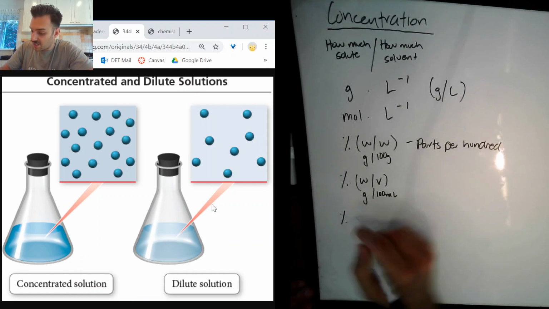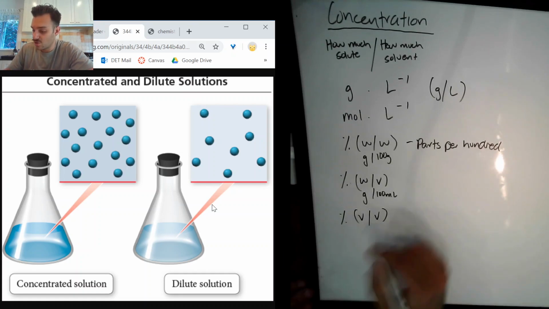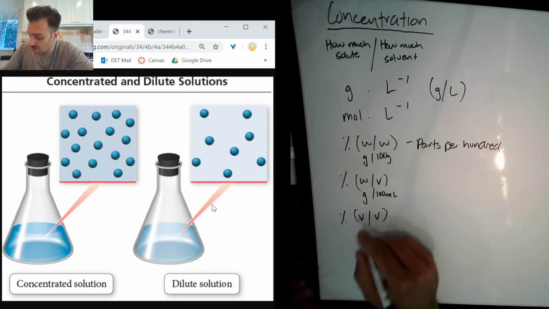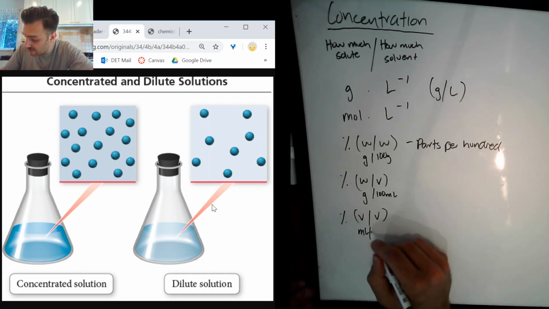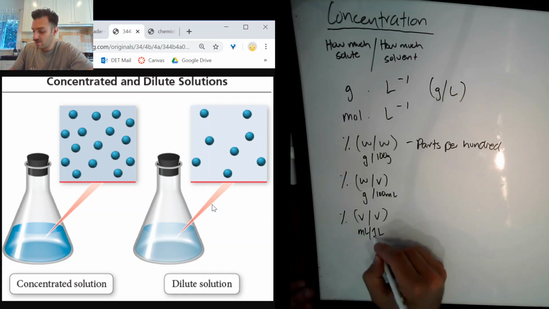You could also have percentage volume per volume. This is pretty commonly used on packaging in supermarkets. So perhaps how many milliliters of our solute do we have in 1,000 milliliters, which would be 1 liter of our solvent.